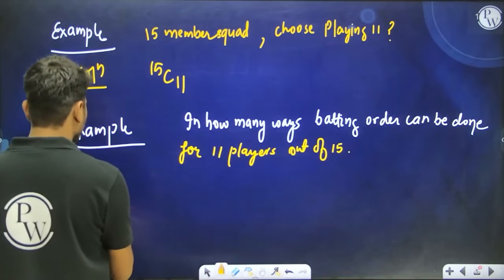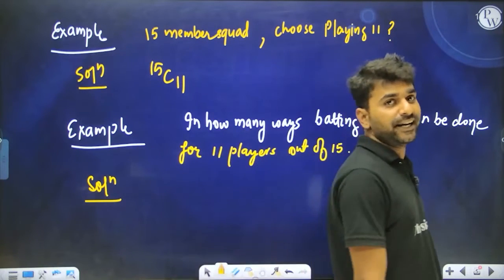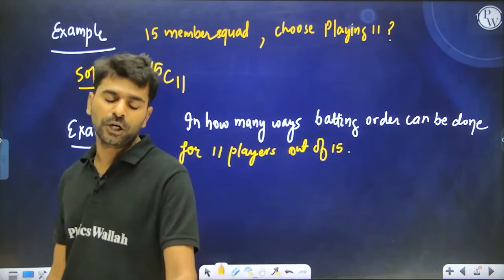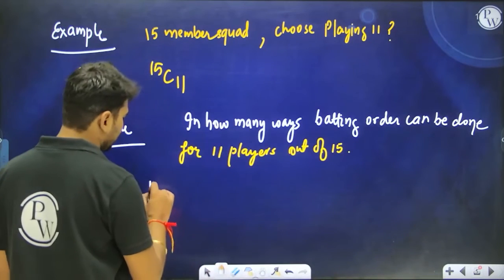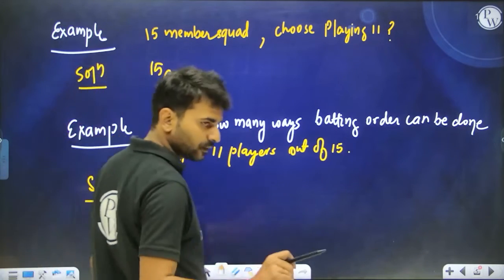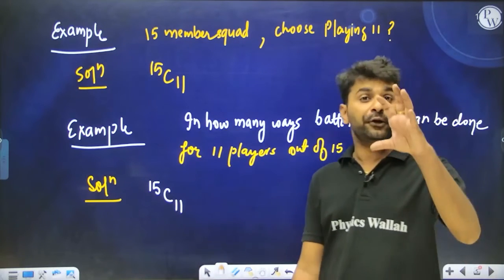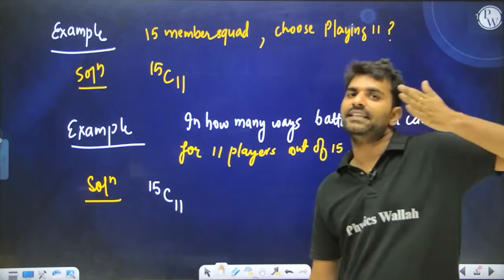Now over here we have been given a 15 member squad and we have to arrange the batting order, only 11 people will play from a single team, yes or no? So out of those 15 people, don't you think that you need to first select those 11 people who will be playing in your team? The moment you have these 11 people with you, now you have to assign them a proper place.